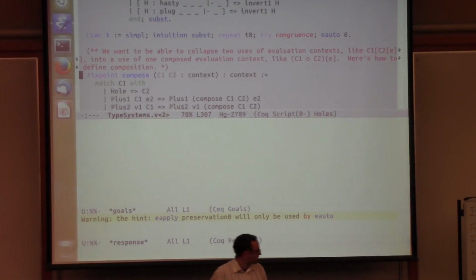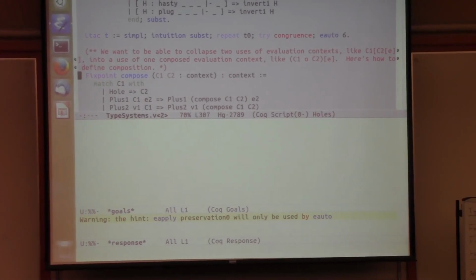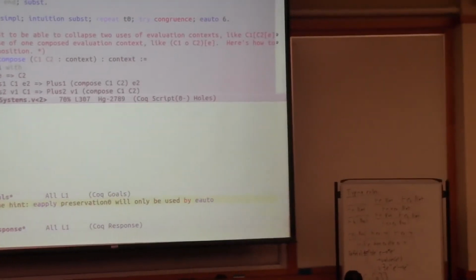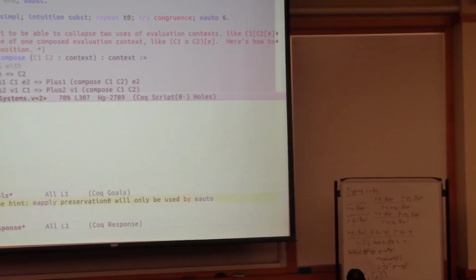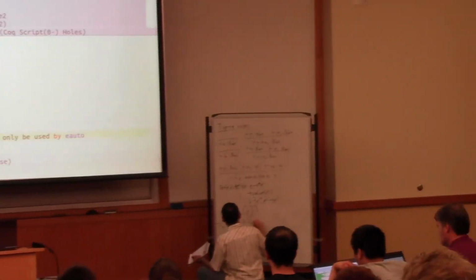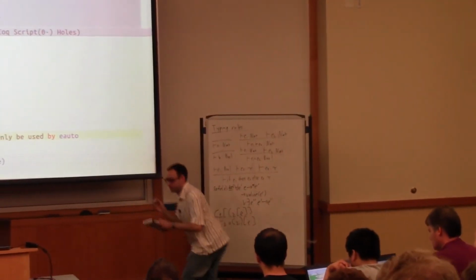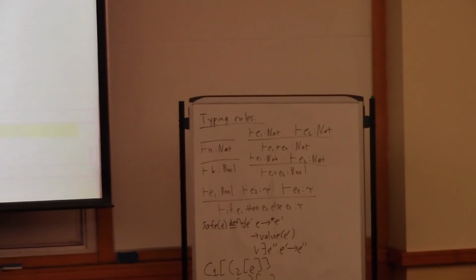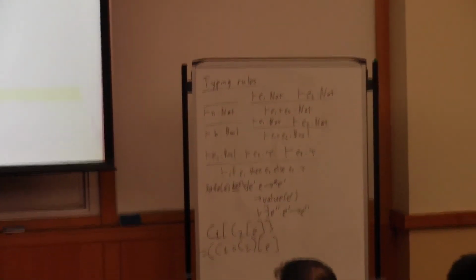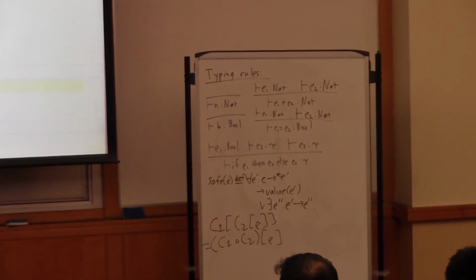And what this is going to do is give us a context that, if we have some context C1, we're plugging into it the result of plugging something into C2. We'd like to be able to say that's equal to the composition of C1 and C2 applied to E. And so this is a recursive definition of a function that implements that kind of composition.